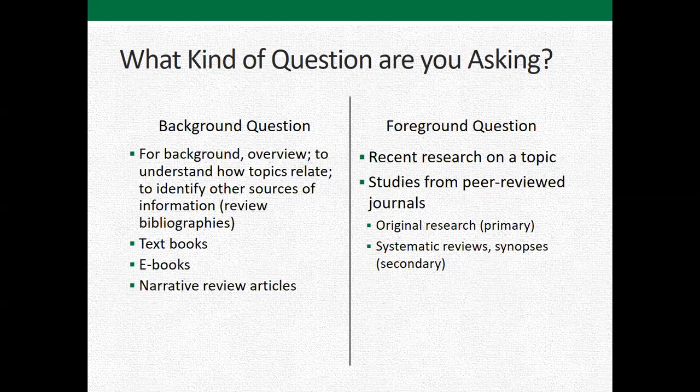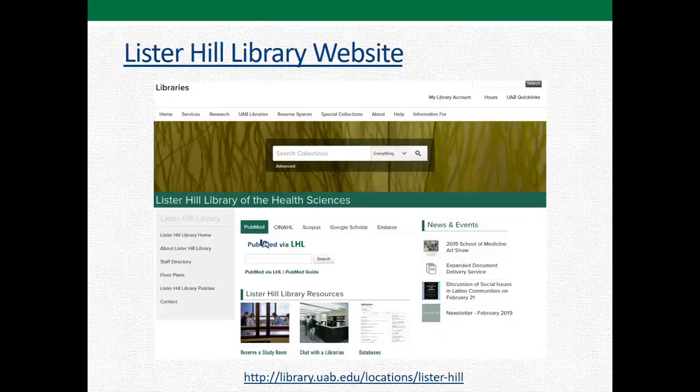In that case, you'll probably look for a book or a review article. So you might want to start with our library catalog, and I'm going to show you how to do that in a bit. The foreground type questions are more like, what is the state of the science in a particular field? So you want to search a database to find articles on a subject and studies that have been done.